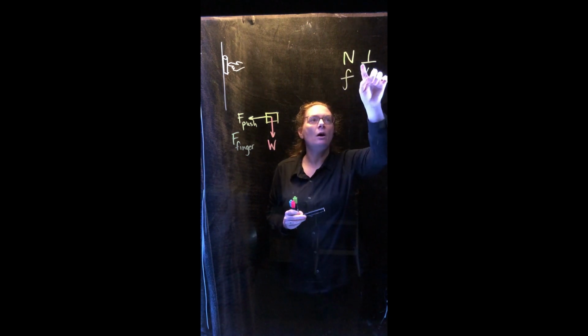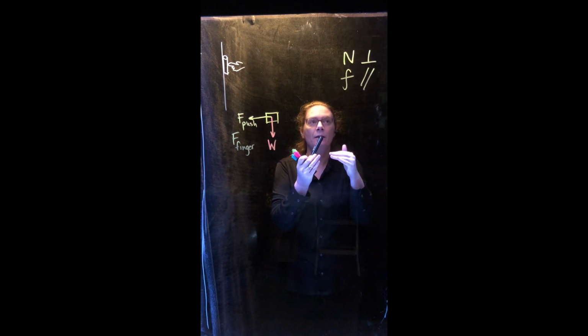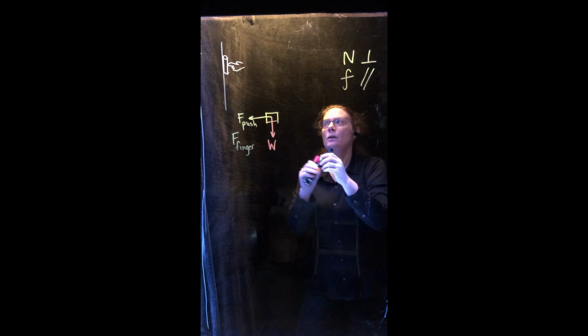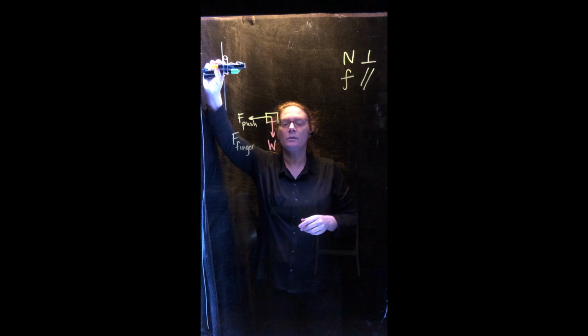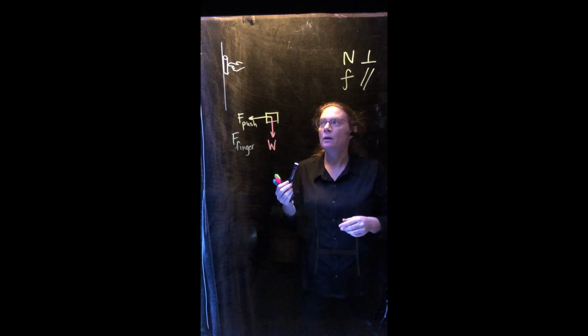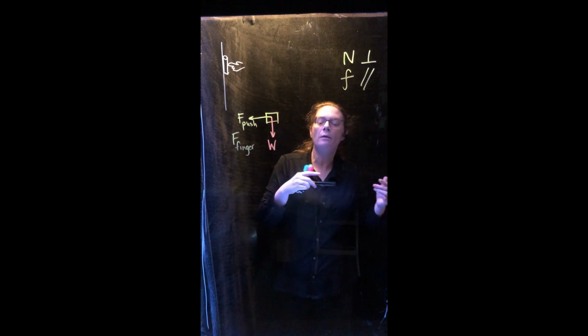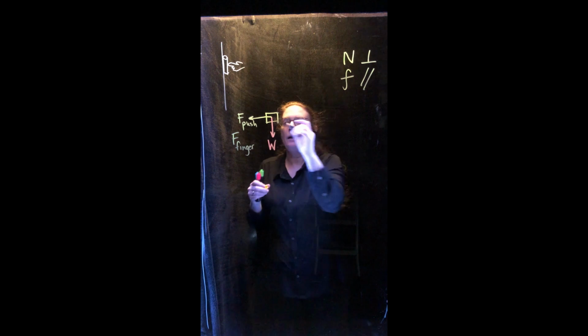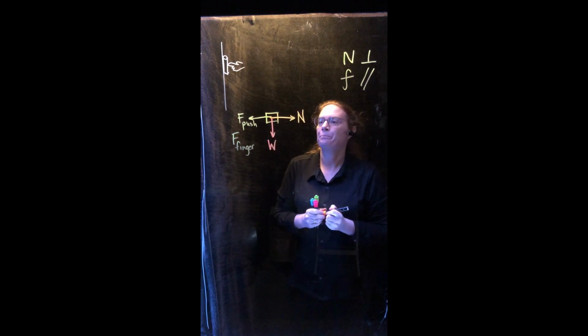The normal force is always a reaction to a push that is perpendicular to the surface. Here my surface is up and down, which means my normal force must be horizontal. And which way is that going to be? Well, the normal force is the wall pushing on the marker. In that case, I'm going to say the normal force is in this direction.